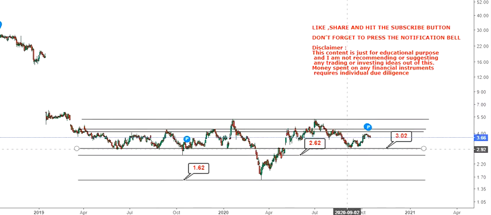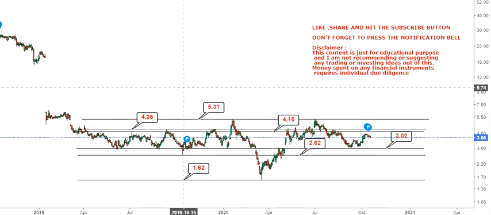But since this important support level holds, what we need to look at is the upper end of the range. What you can look at on the upside will be a target or resistance at 4.15, then you have 4.36, and then you have 5.31 on the upside.